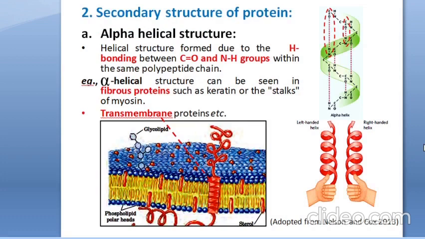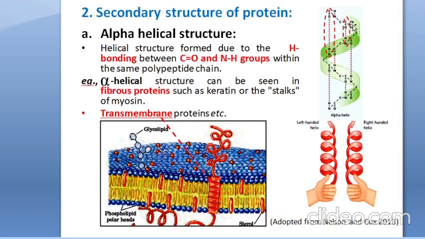Then, secondary structure of protein. Secondary structure of protein may be subclassified into two groups. One is the alpha helical structure, and the second is the beta pleated sheet structure. In the alpha helical structure, we can see the formation of hydrogen bonds between C double bond O and NH groups within the same polypeptide chain.